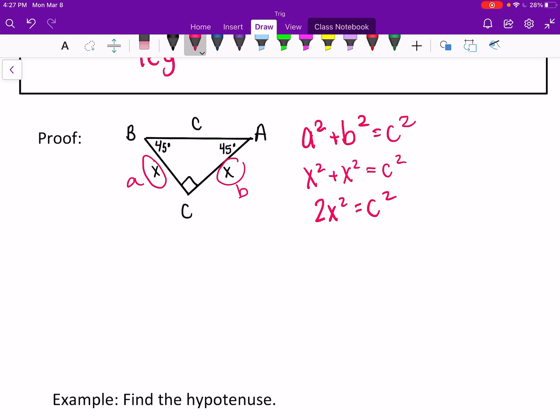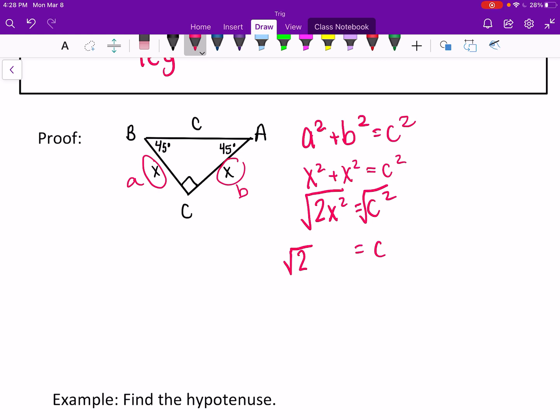If I want to solve for the hypotenuse, or solve for c, I need to take the square root of both sides. So on the right, I'm just left with c. On the left, I can't take the square root of 2, it gives me a decimal, so I'm going to leave it under the radical.